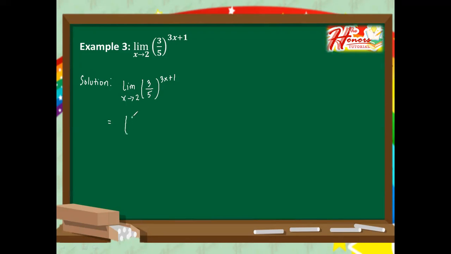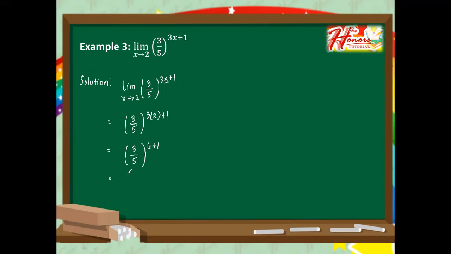So we have here the quantity of 3 over 5 raised to 3 times the value of x, that's 2, plus 1. So let's continue simplifying the exponents. So we have here the quantity of 3 over 5 raised to 3 times 2, that is 6, plus 1.